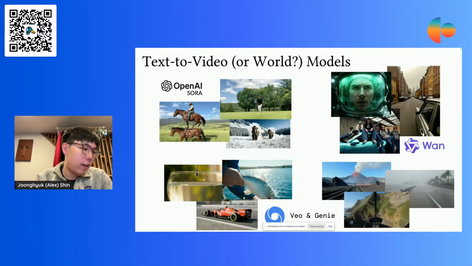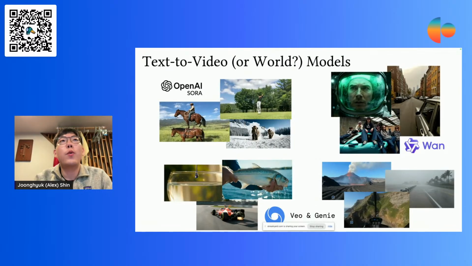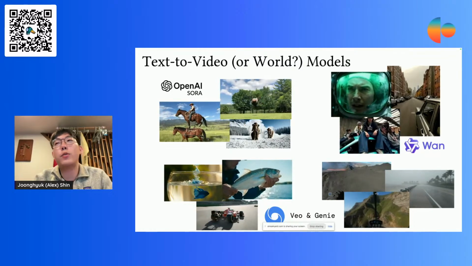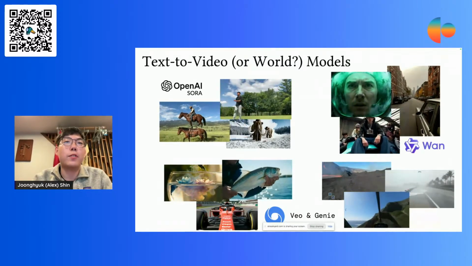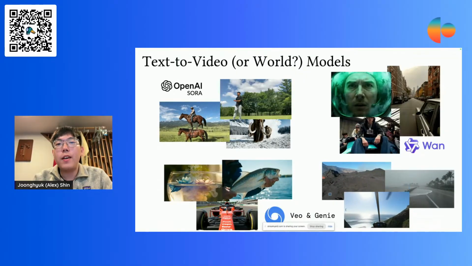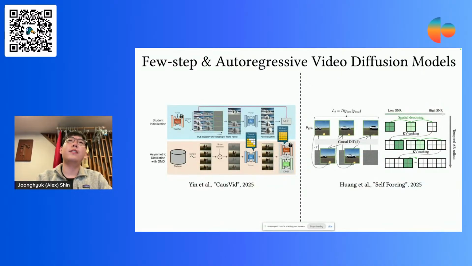These days, the world is hyped about text-to-video or world models. We have OpenAI Sora, open source video models like Wan, or Google's really good models Veo and Genie 3. And in academia, there is a shift toward few-step and autoregressive video diffusion models. The first paper that introduced the concept of causal generation is CausVid.